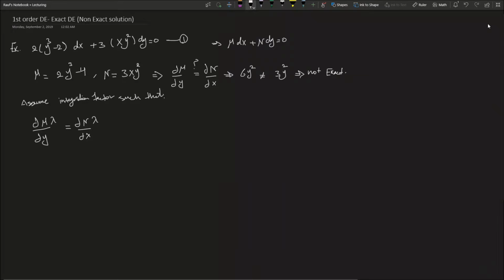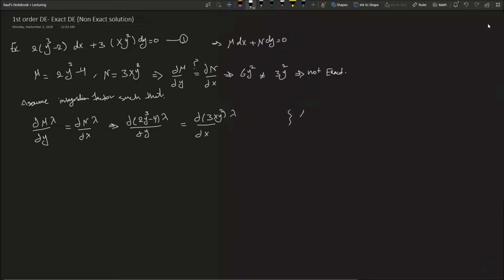Knowing mu and nu, we can substitute them directly into this equation. So we can say partial of 2y cubed minus 4 multiplied by lambda over partial y should equal partial of nu, which is 3xy squared, multiplied by lambda over partial x.